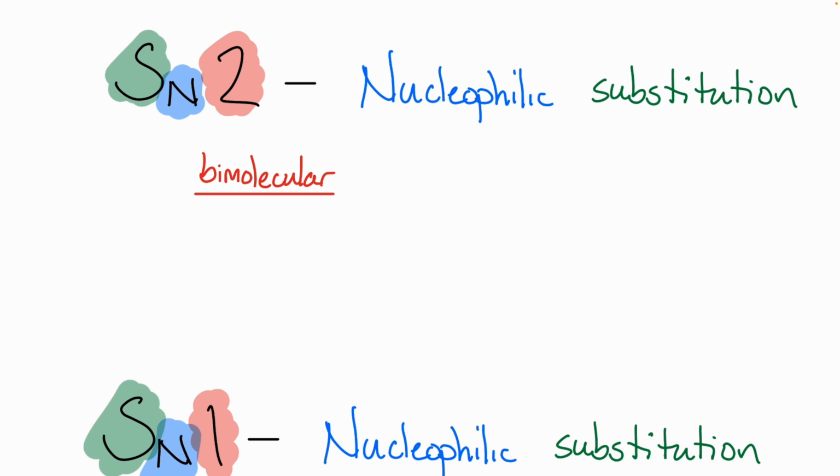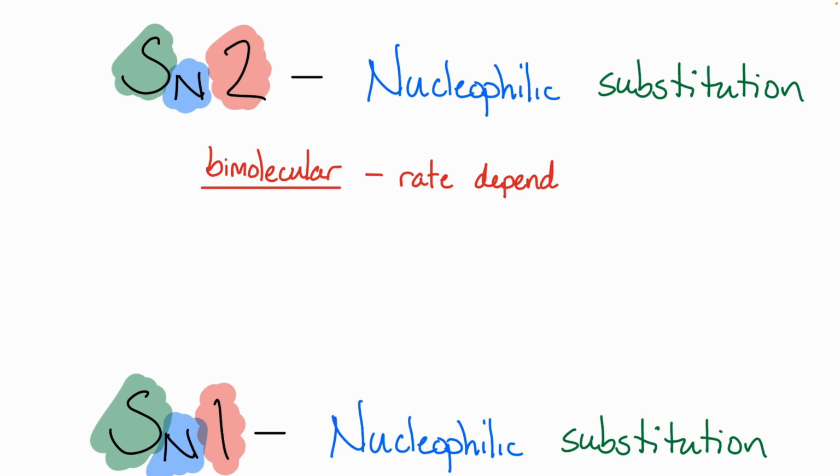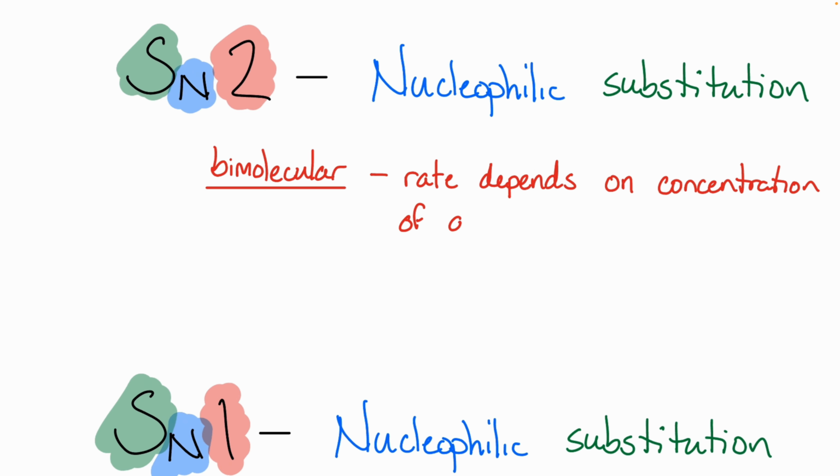So a bimolecular reaction is because our rate depends on both the concentration of nucleophile and alkyl halide. Both the alkyl halide and the nucleophile are involved in the rate limiting step.